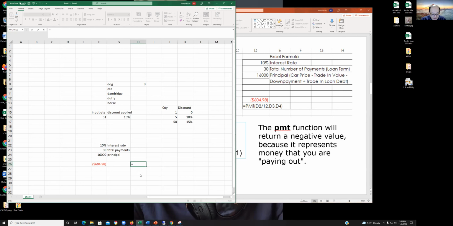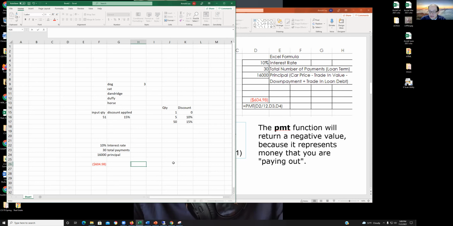Type that in, IPMT. So this is your interest payment here. Let's say I'm doing a mortgage.